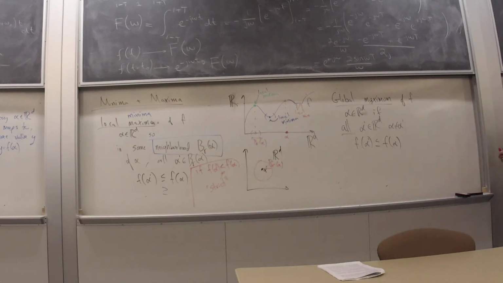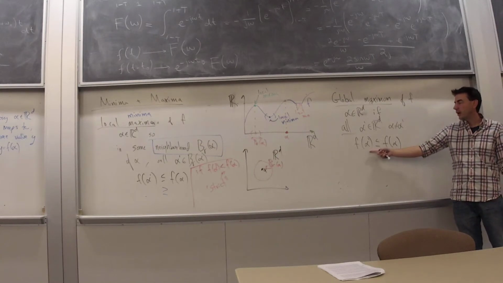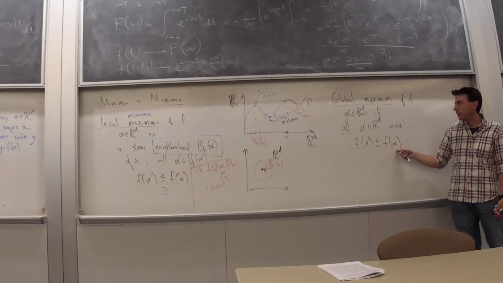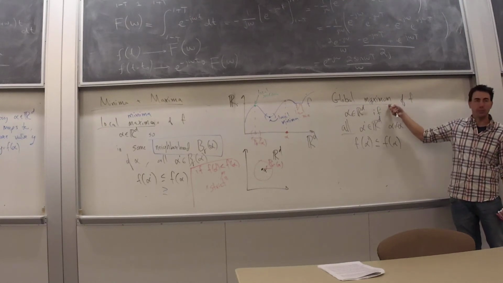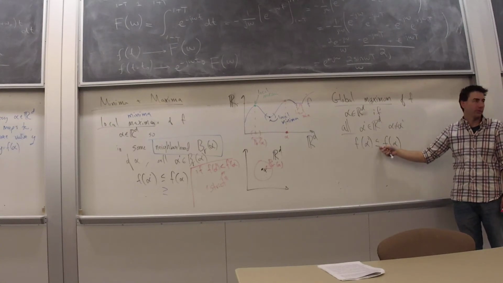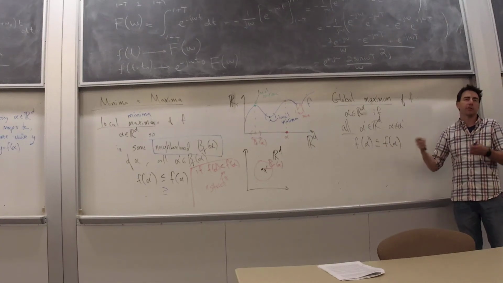So if all other values in R^d are less than this, all other alpha prime are less than f of alpha, then this is the global maximum. Similarly, you can say global minimum, and you can make it strict if you turn the less than or equal into just a less than sign.